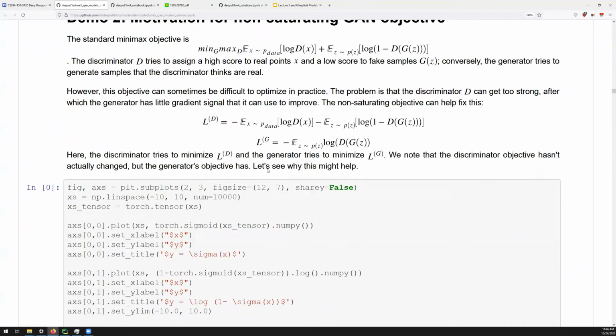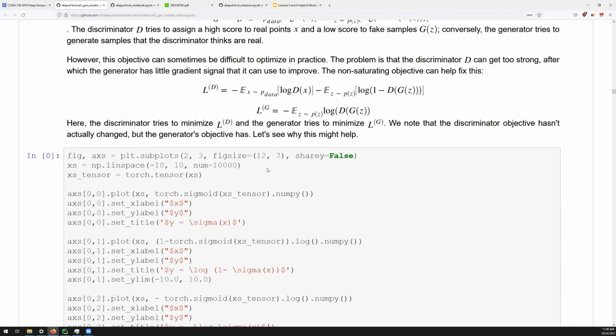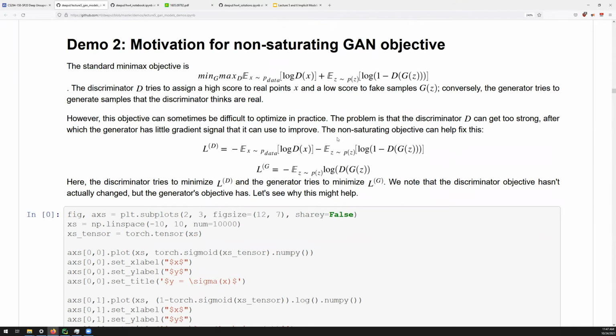And then the reason was that if the discriminator got too strong, or if the discriminator became sure, then its gradients are going to be 0, and so we can't do anything. If the gradient of D is 0, you can't update anything.